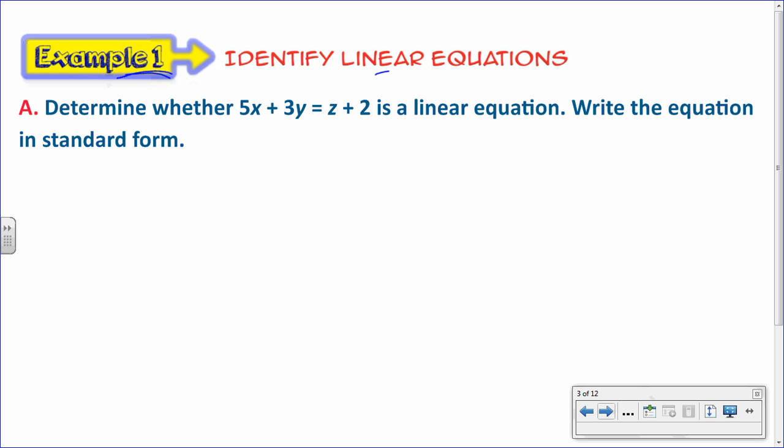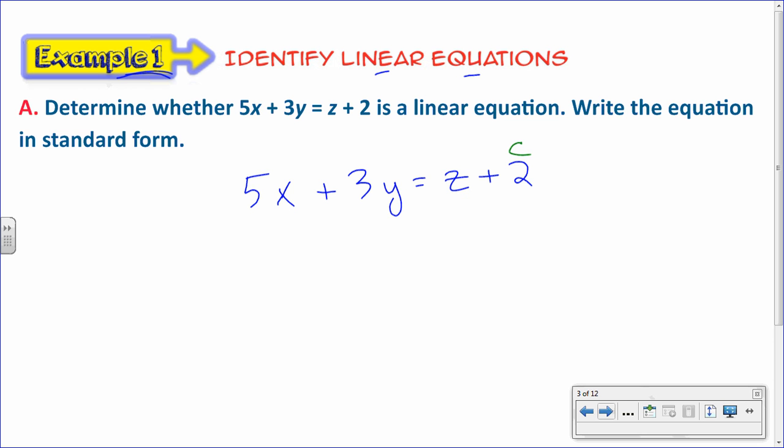Example 1, you're going to identify a linear equation based on the information that I just showed you. So you got 5x plus 3y equals z plus 2. Linear or not linear? Why, Michael? There is a c. What's my c here? It's 2.